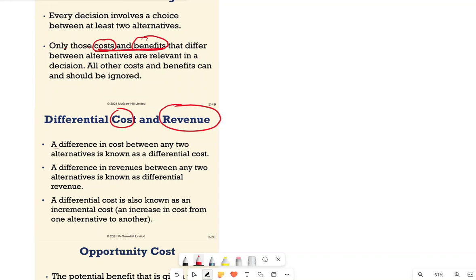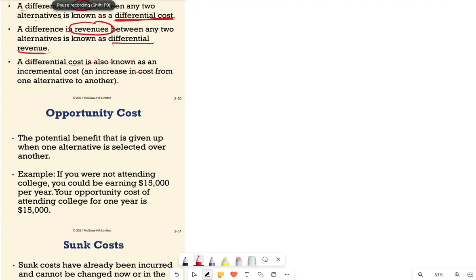A difference in cost between the two alternatives we call differential cost. If the difference is in revenue, we call it differential revenue.